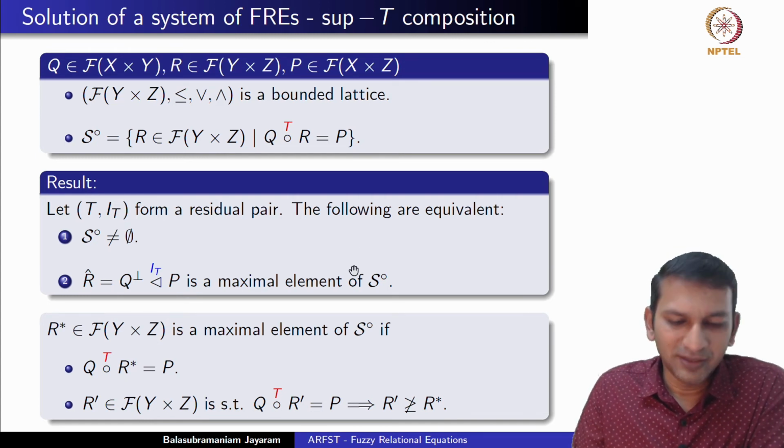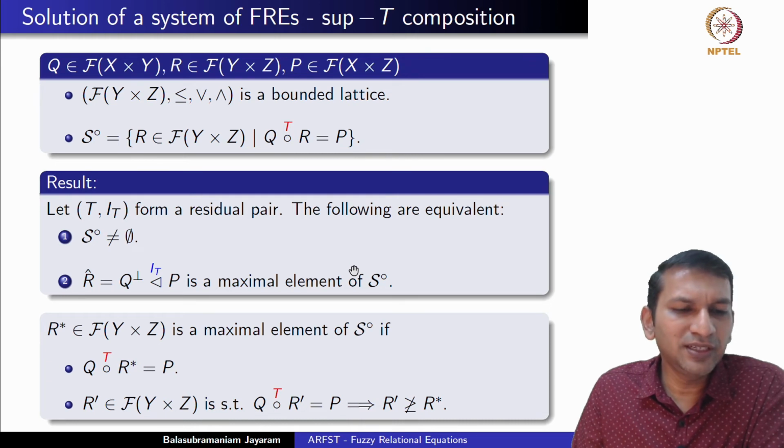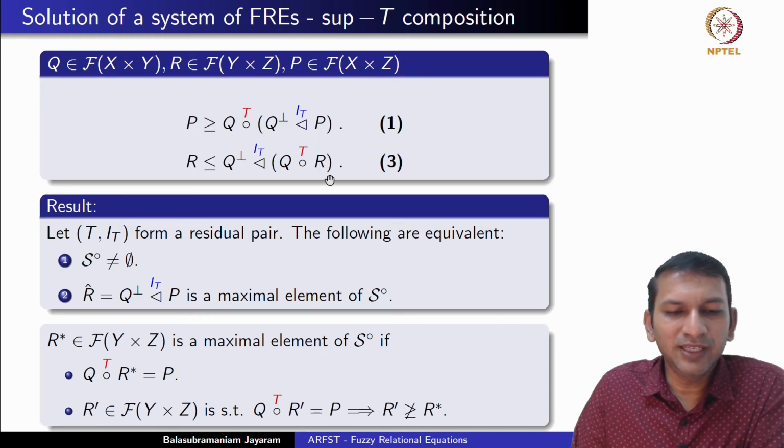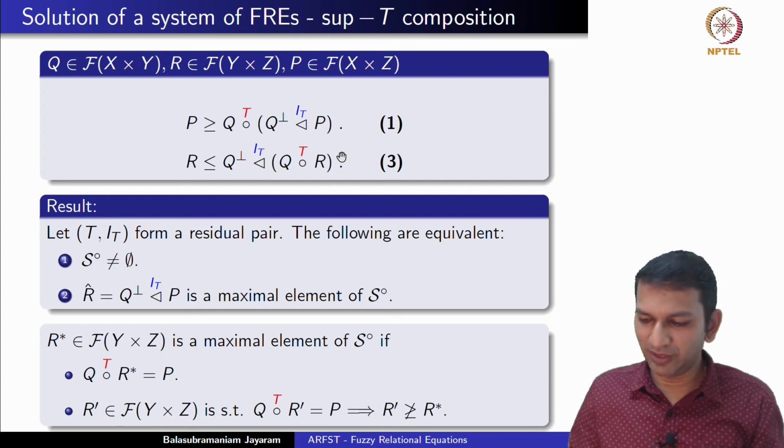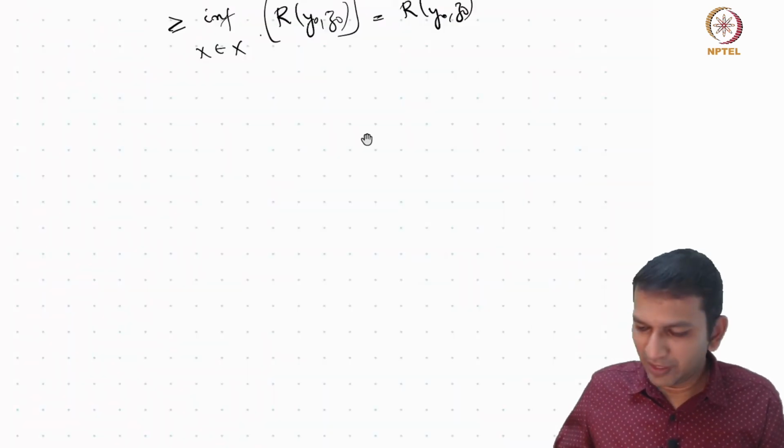Let's prove this result. Towards proving this result, we will make use of these two inequalities which we have actually proven, 1 and 3. So now what do we have?